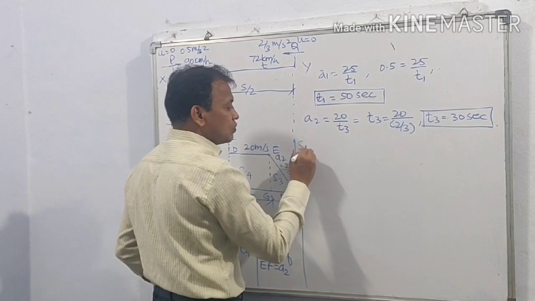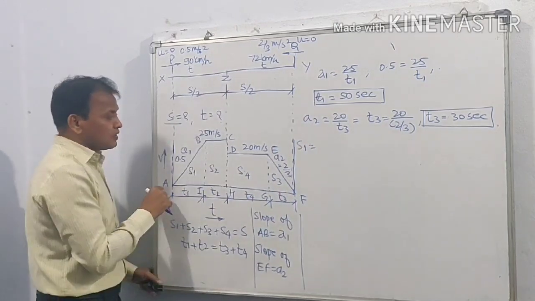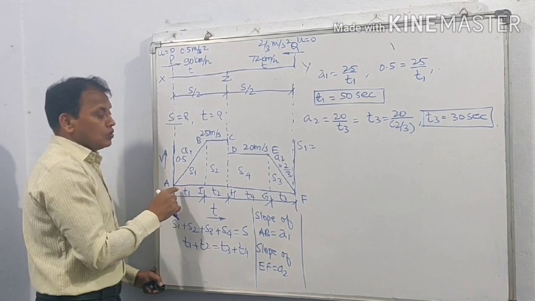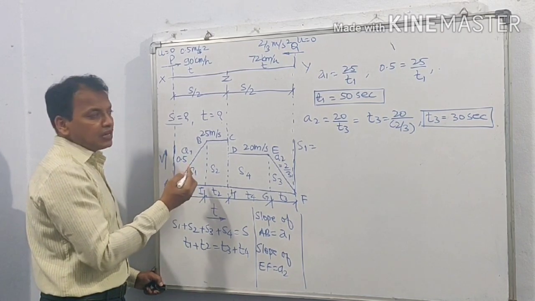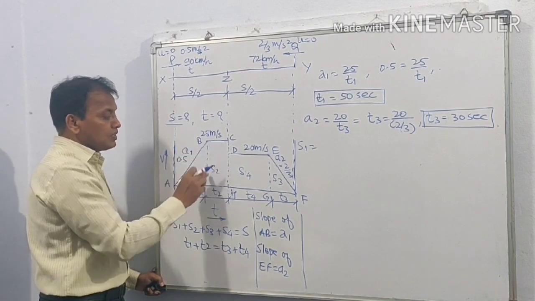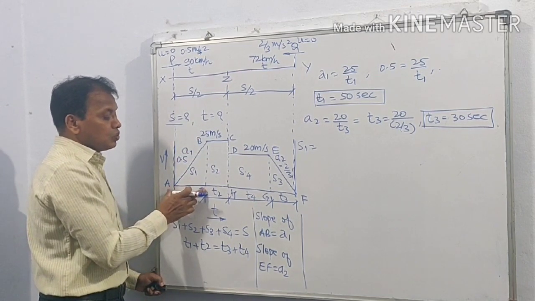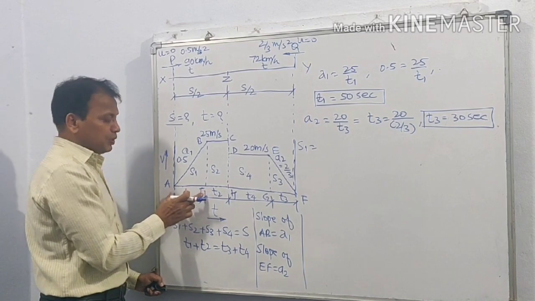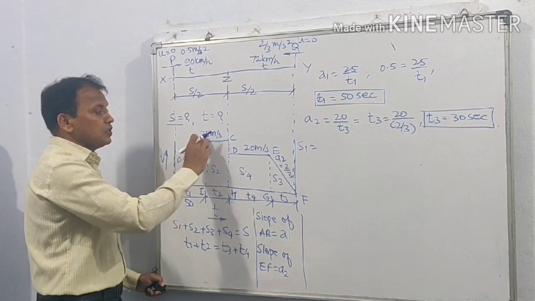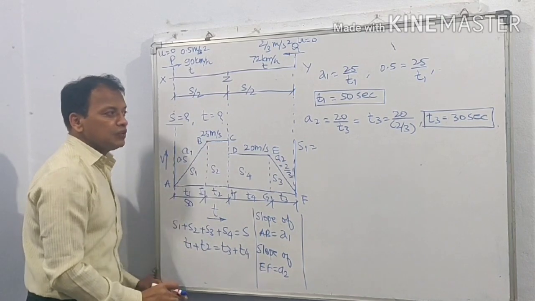Therefore S1 is equal to the area of triangle ABI. According to the velocity time diagram, the area under the graph is equal to the distance travelled. Therefore the area of this triangle is 1/2 into T1, that is 50, into 25.